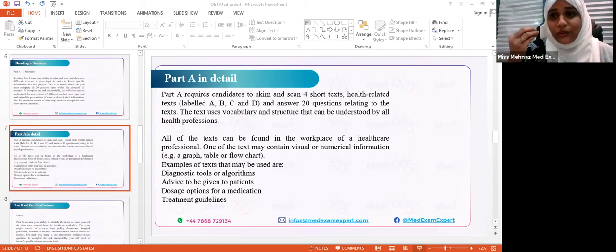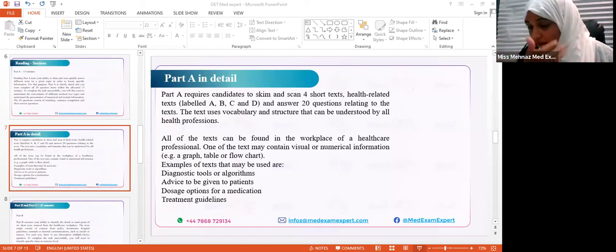It will see if you have understood the text, if you are able to infer the meaning out of it, and if you're able to identify the view. The text will contain facts or different perspectives on topics, or it can be a case study or a research topic related to healthcare. Everything will be related to healthcare. It's not a general talk.